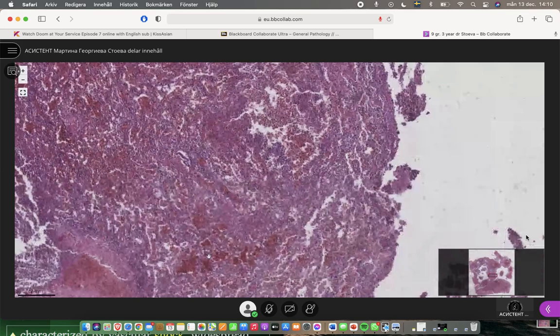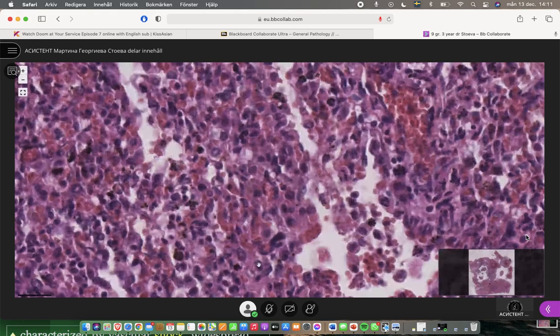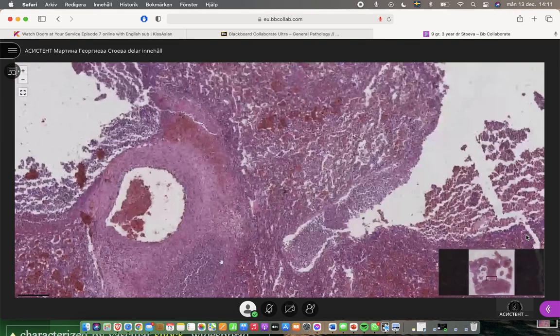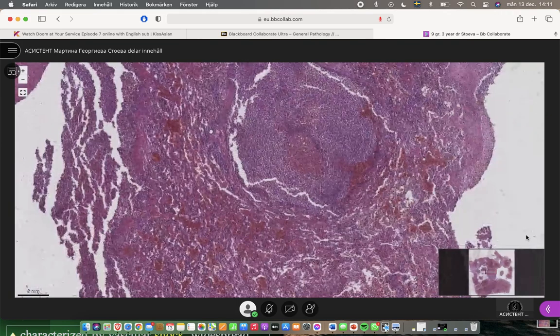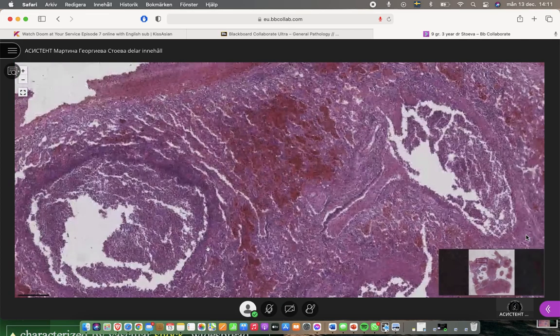Here we can find some neutrophils. But also, this pneumonia is associated with formation of abscesses. We already mentioned that the abscess is a localized purulent inflammation, and histologically this localized purulent inflammation is visible as a cavity filled with neutrophils or polymorphonuclear cells.